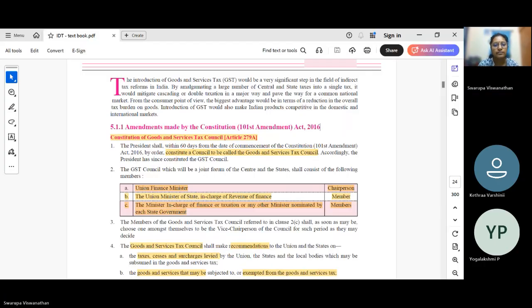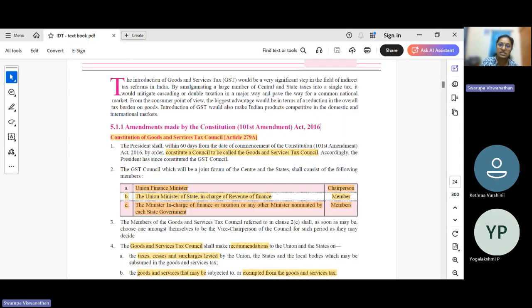246A. What is the crux of Article 246A? Power to levy GST on goods and services. Okay, both center and state have the power to levy GST on goods and services. This was mentioned under Article 246A. Because why?